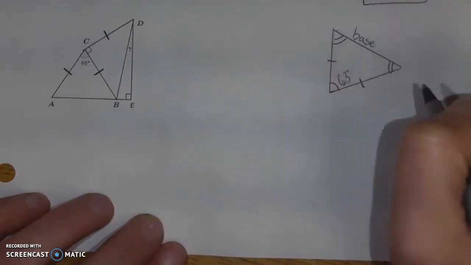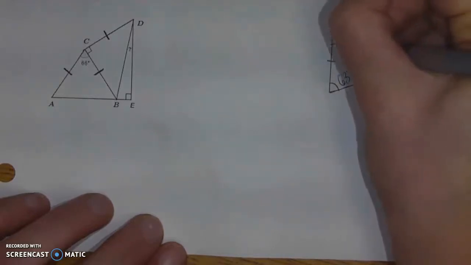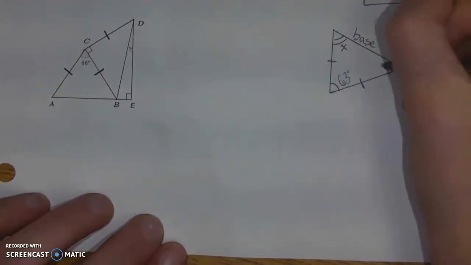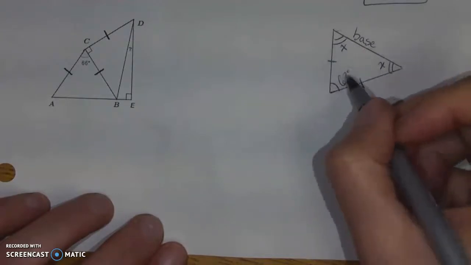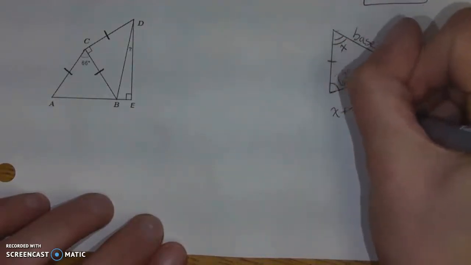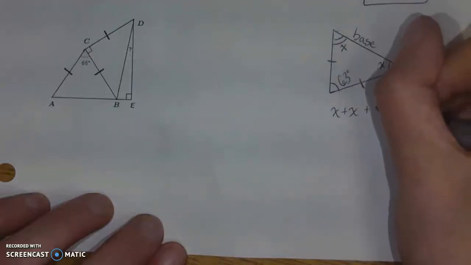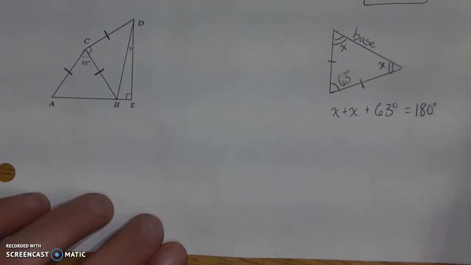That doesn't mean, however, that I cannot solve for this angle. There are a couple ways you can do it. First, you can say that this is just x, an unknown number, and therefore this is that same unknown number. And using those three angles, you can set up a formula saying x plus x, this angle plus this angle, plus 63 degrees is equal to 180 degrees.